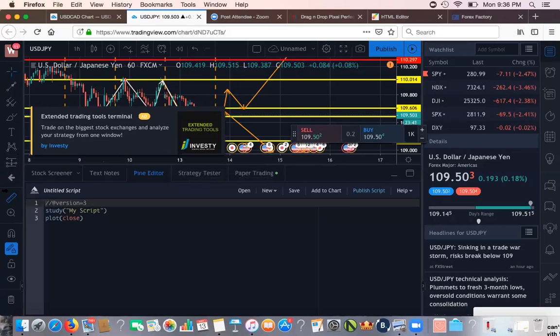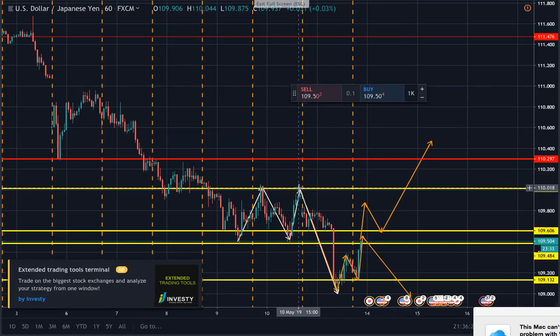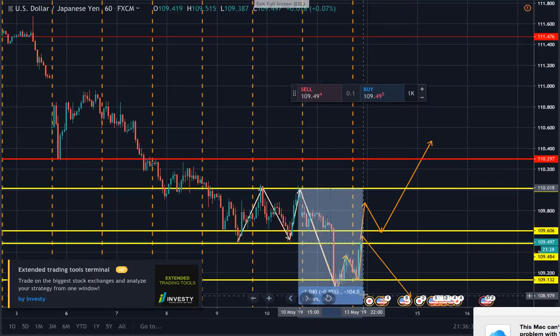You hit this ruler on the left right here, and then you measure from top to the drop. And how you read that is 101 pips. So it dropped 101 pips. I could teach you how to calculate pips as well.